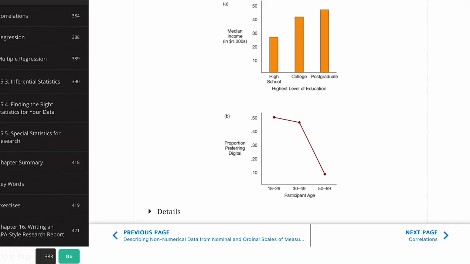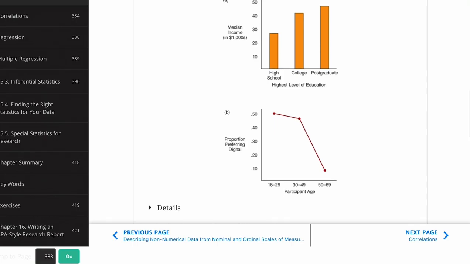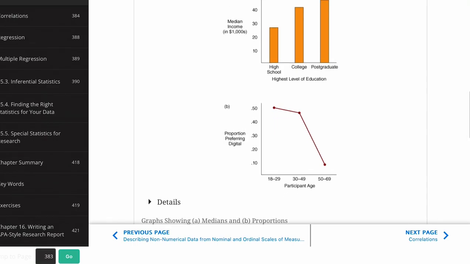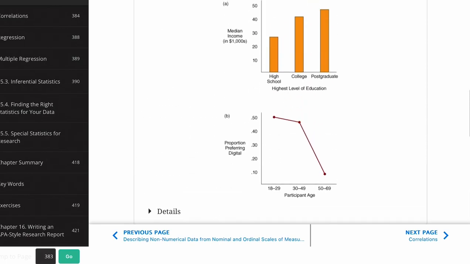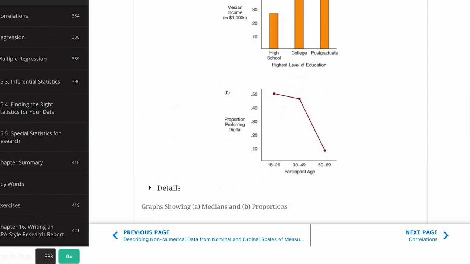Obviously, that makes sense because it's something digital, and so the younger age groups can be more familiar with technology. So that makes sense. And so that's another way of showing you the graphs for that. The format is the same. It's just a little bit different because of the categorical data.